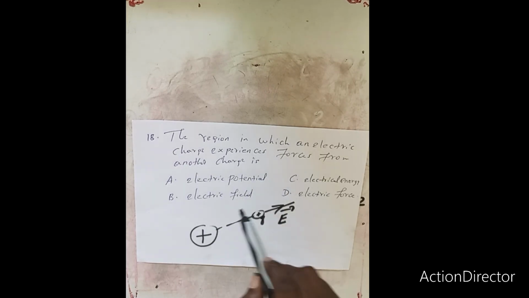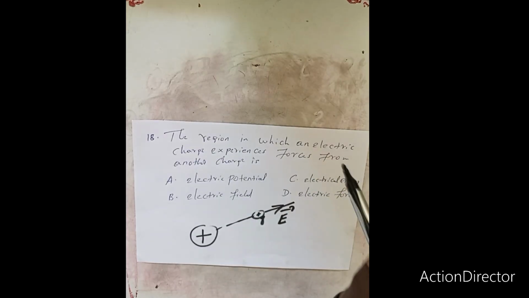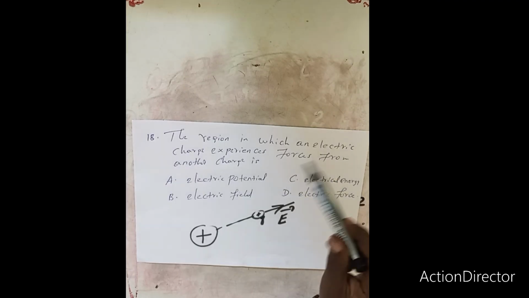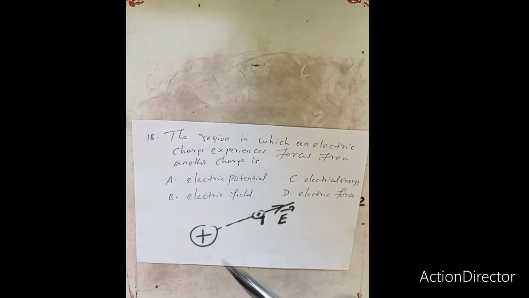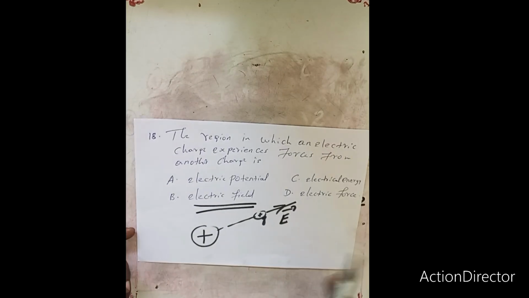So the region is the electric field region in which an electric charge, maybe this electric charge is a small positive test charge, experiences a certain force due to the other charge. So that is the electric field. Okay, this is the correct answer.